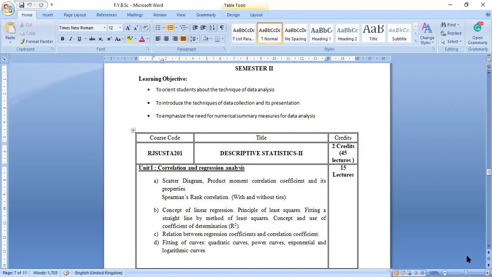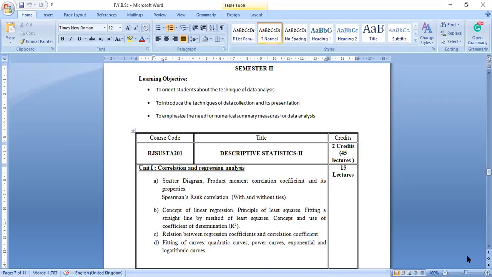So, in brief, what is correlation and regression? Correlation and regression are concepts broadly used in different fields and areas, where one can understand the relationship between two or more variables.